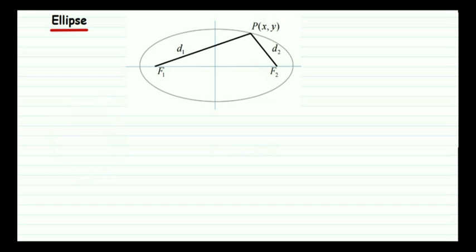An ellipse is defined by the property that if you look at the 2 points that we are calling the foci, because there are 2 focus points, when you look at F1 and F2, the sum of the distances to any point on the ellipse is actually a constant.